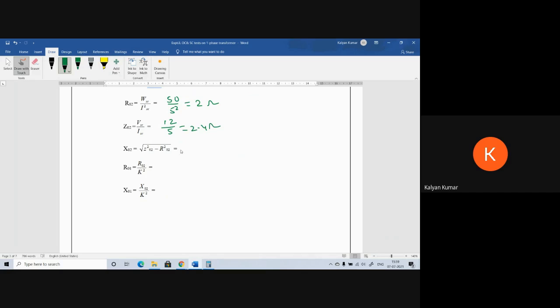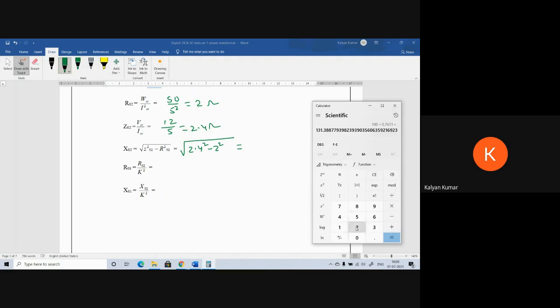Now X02 equals the square root of Z02 square minus R02 square, which is 2.4 square minus 2 square, whole under root.